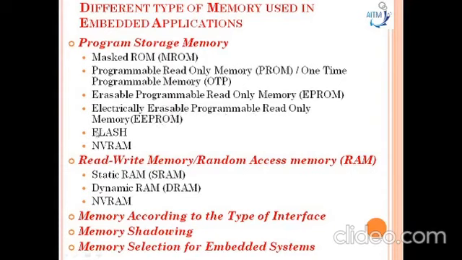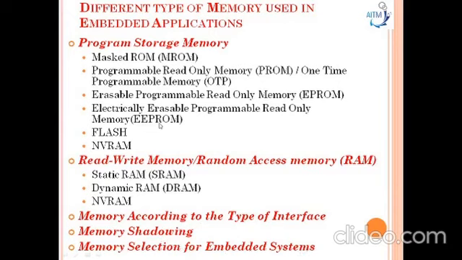Then we have flash memory, then NVRAM here. Then according to the read write memory or random access memory, we have two types: one is the static RAM and the other is dynamic RAM here. Then also we'll study about the NVRAM. Then we have memory according to the type of interface, then memory shadowing, then memory selection for embedded systems.